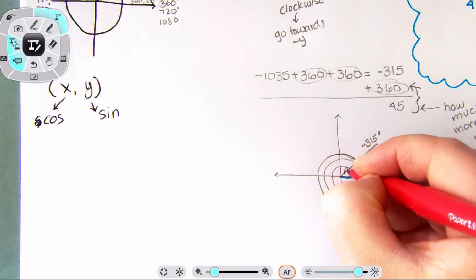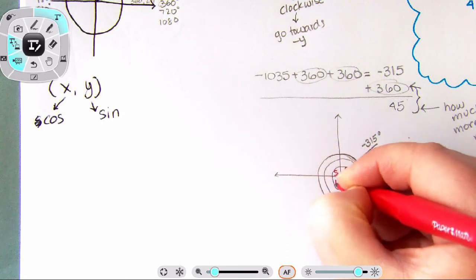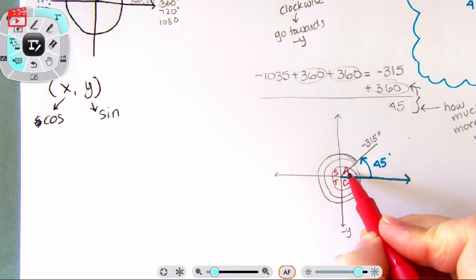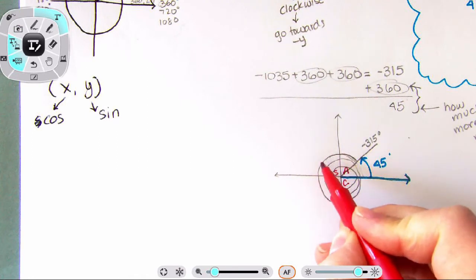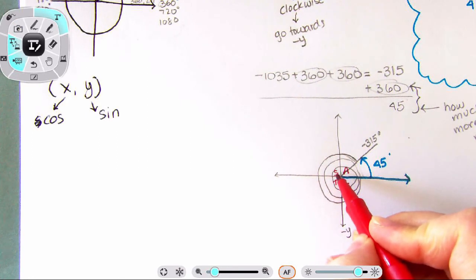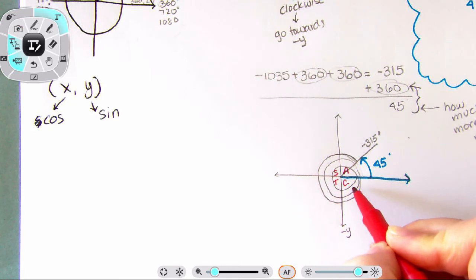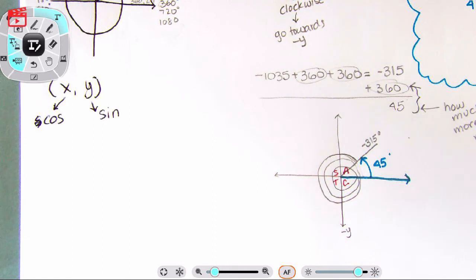Now, this is where we do all students take calculus. So in quadrant 1, all of your trig functions are positive. In quadrant 2, only your sine functions are positive. In quadrant 3, only your tangent functions are positive. In quadrant 4, only your cosine are positive.